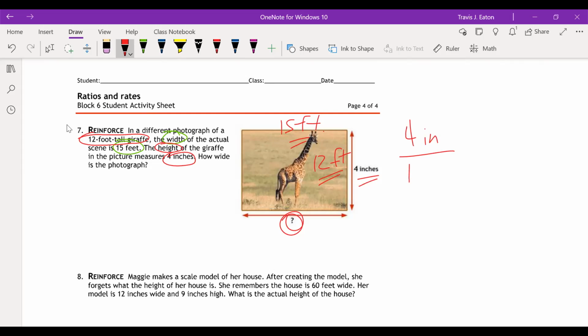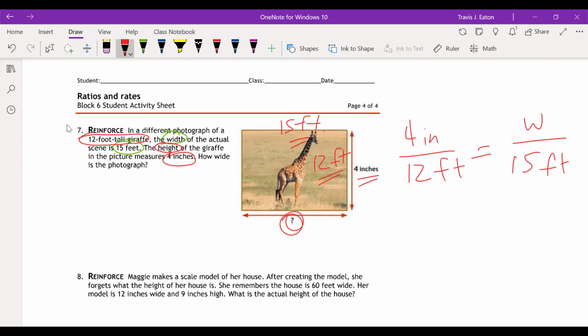The actual scene is 12 feet, and then the width is 15 feet. I make sure that I have my feet in the right place there. And then what will be the width of the picture that we're looking for?